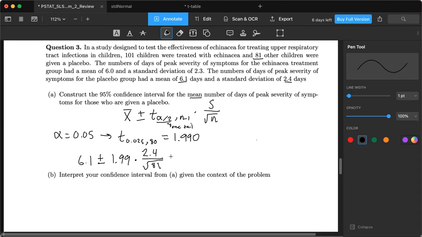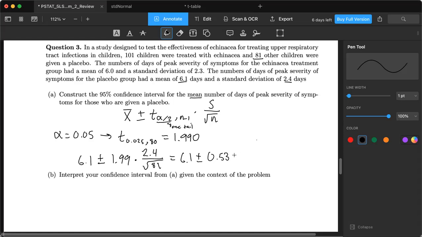And computing this out, this is 6.1 plus or minus, let's do the calculation, 2.4 divided by 9, at least 81 is a perfect square, so that's kind of nice, times 1.99, so 0.53.